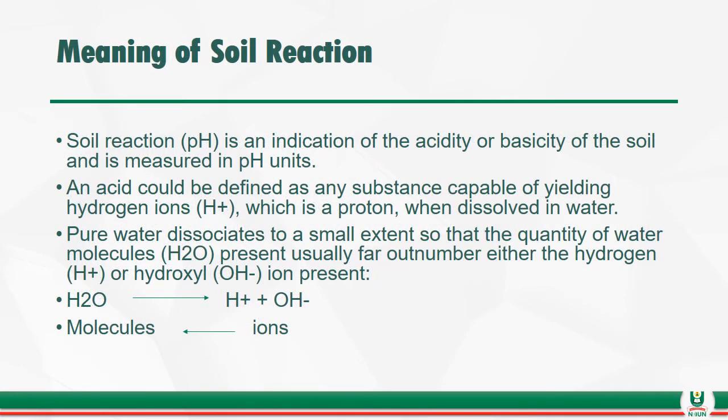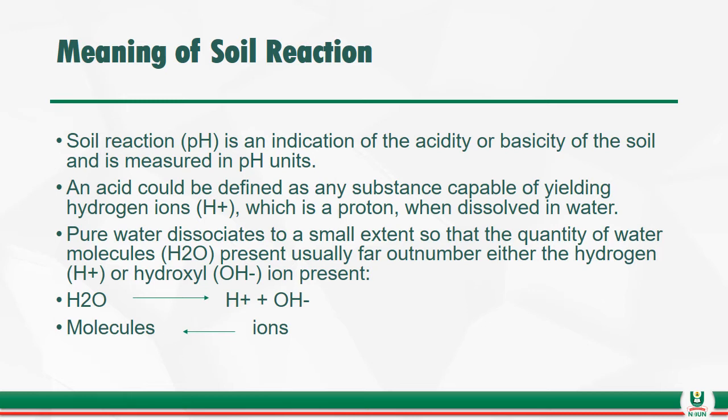How do we measure, and what is actually the meaning of soil reaction? Soil reaction, or pH, is an indication of the acidity or basicity of soil, and it is measured in pH units. An acid could be defined as any substance capable of yielding hydrogen ion, which is a proton, when it dissolves in water. Pure water dissociates to a small extent, so that the quantity of water molecules present usually far outnumber either the hydrogen ion or hydroxyl ion present.